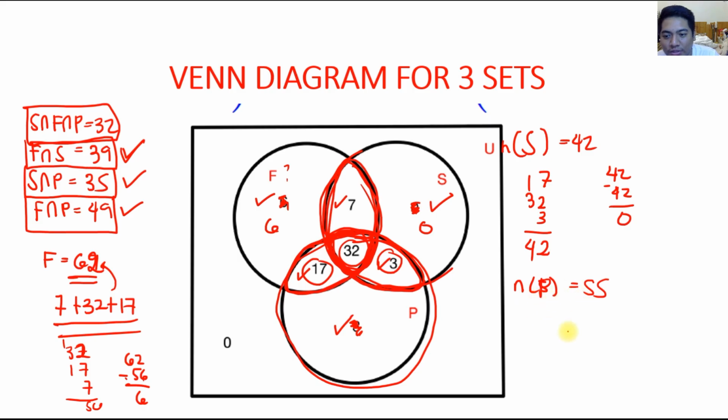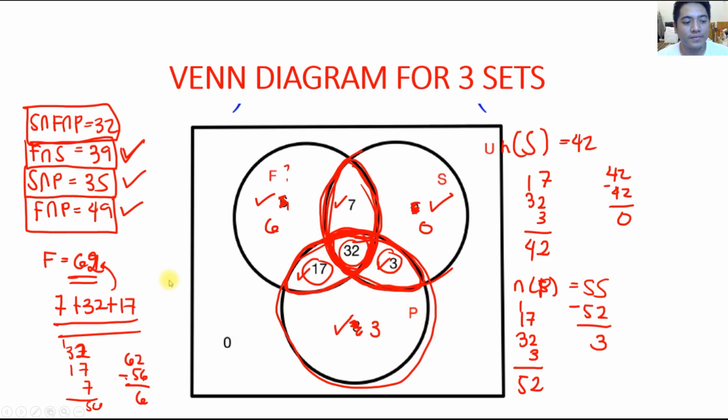So it's very obvious. You have 52. So the remaining here would be 55 minus 52. That would be 3. So you have 3 here. So that is the Venn diagram for our three sets.